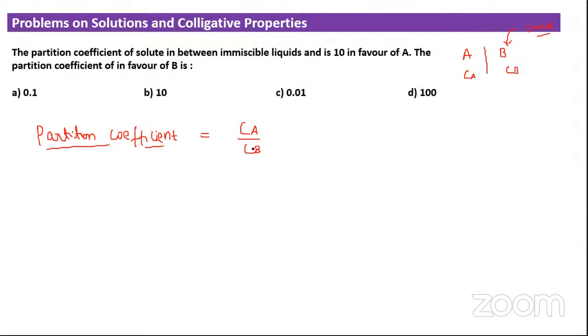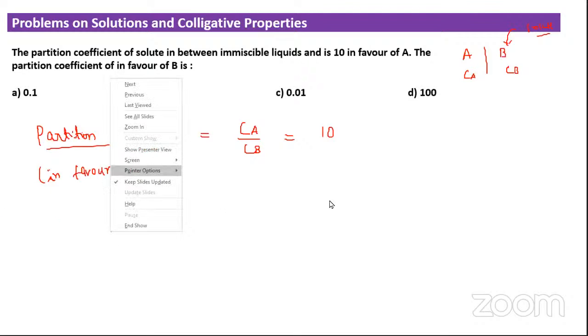So the term Ca by Cb, concentration of solute in A divided by concentration of solute in B, this is termed partition coefficient in favor of A. ठीक है, and it is given as 10. तो जो सॉल्यूट ऊपर रखा जाएगा उसको बोलते हैं पार्टीशन कोएफिशिएंट इन फेवर ऑफ ए. ओके, that's how you remember it. And they are asking to find the partition coefficient in favor of B.